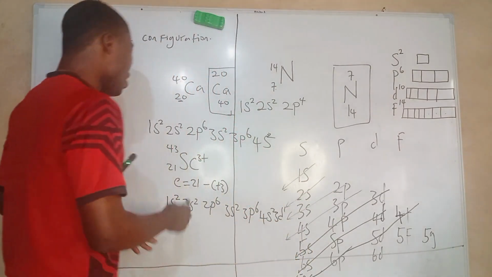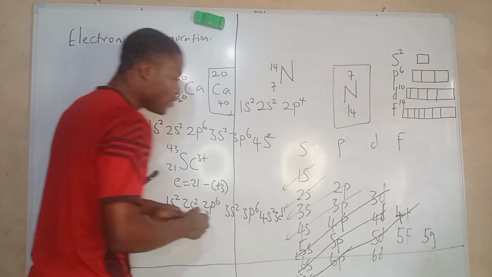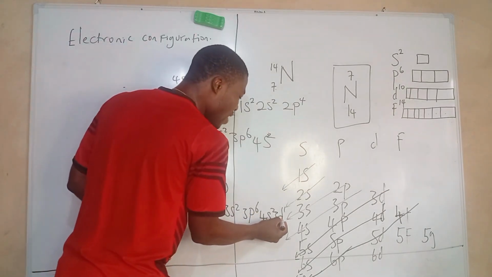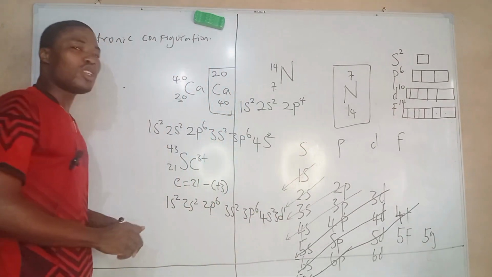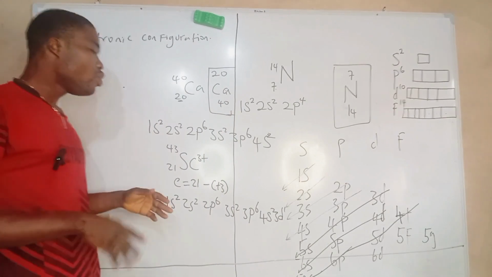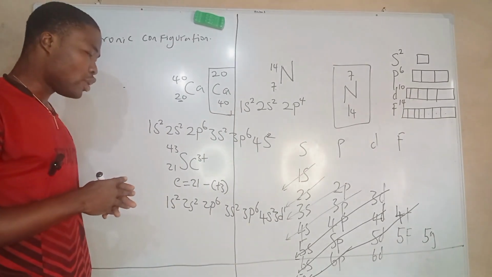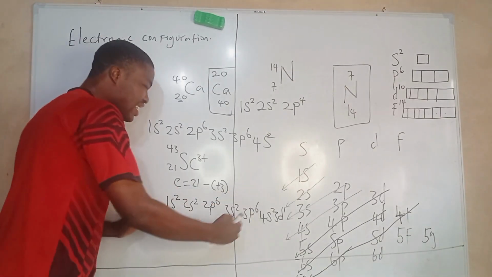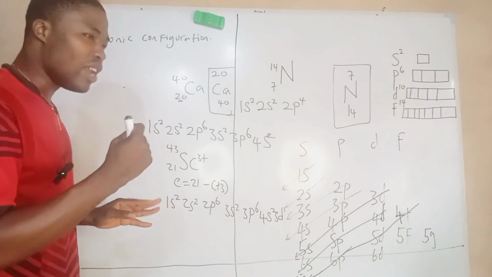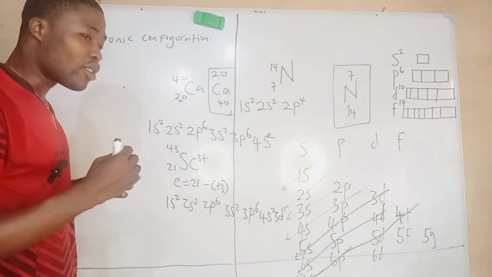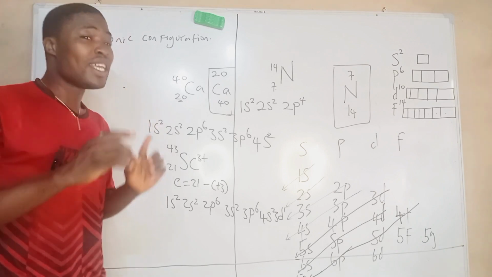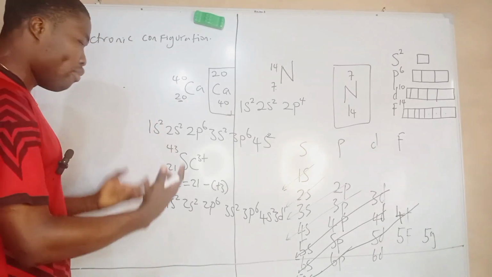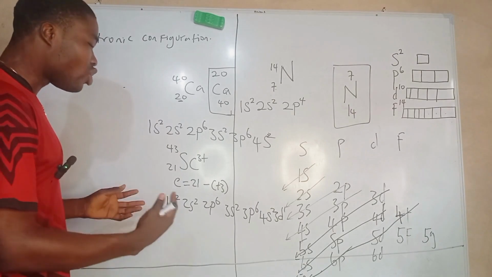All right, so now, how do you lose 3 electrons from this kind of configuration? It is very important to write it in full so that you know your exact answer. For the loss of electrons, it is better you group these subshells.